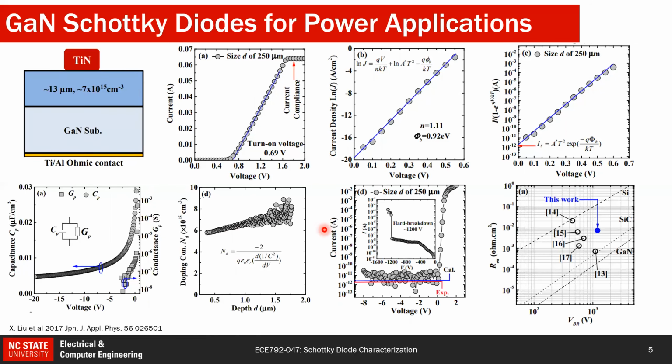For these devices, they showed the breakdown is around 1200 volt. Probably because they didn't use any edge termination, the device got an early breakdown compared to the actual, because we can see that even another device has a very similar breakdown voltage, but the resistance is still lower.